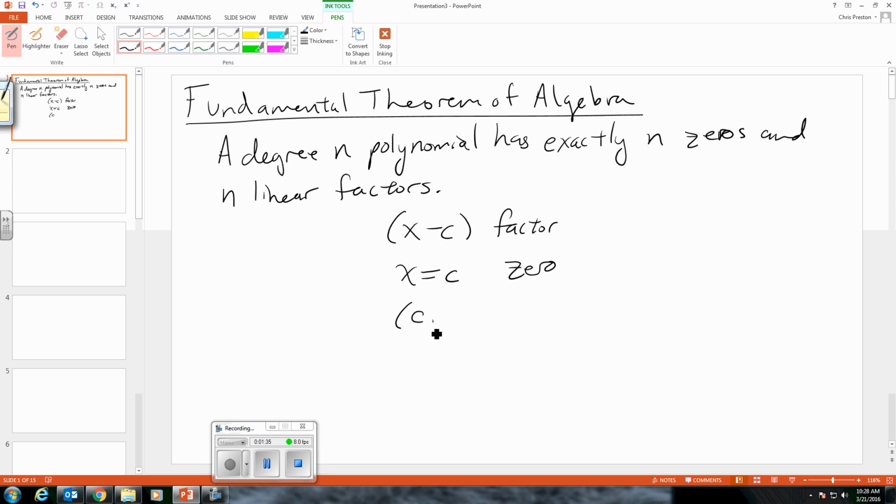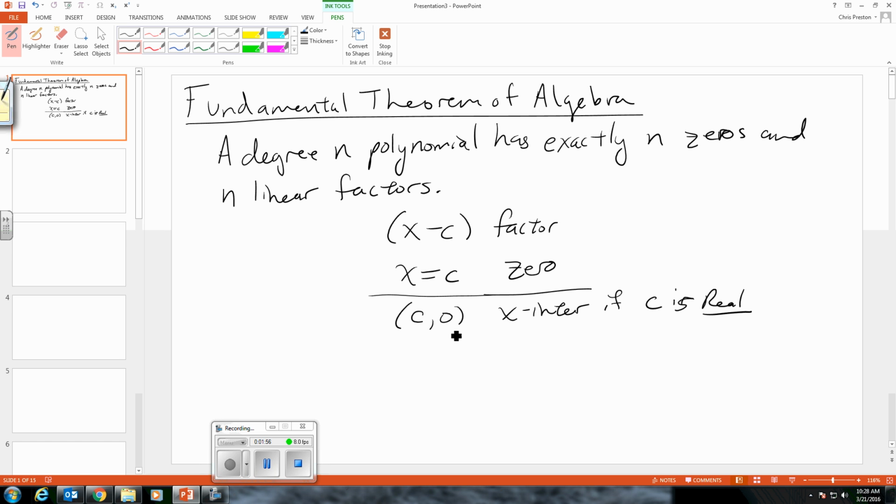And then (c, 0) is an x-intercept if c is real. If c is not real, then you don't have these x-intercepts.